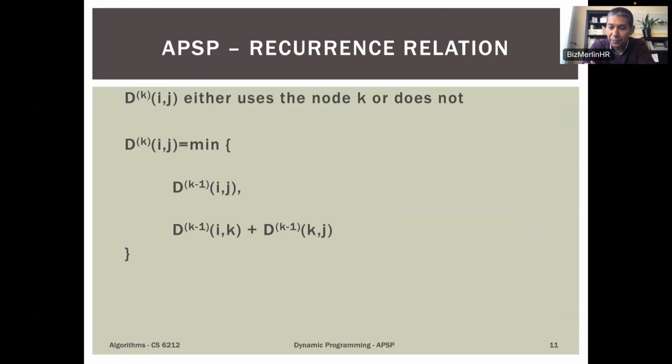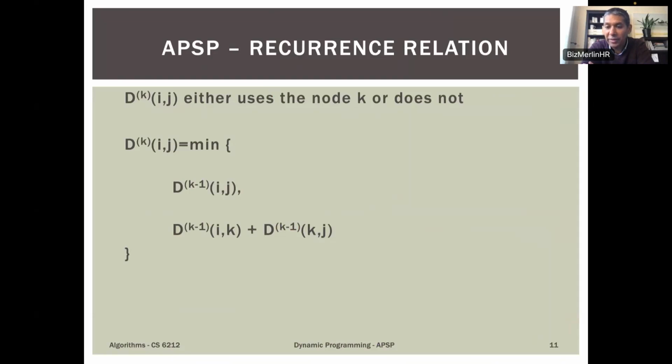If it does use the node k, then dkij would be equivalent to dk minus 1 ik. So we would go from node i to node k, and finally we would go from node k to node j, using the set of vertices 1 through k minus 1 as the possible intermediate nodes. So this is the recursive formulation.